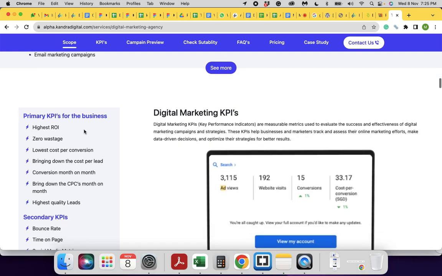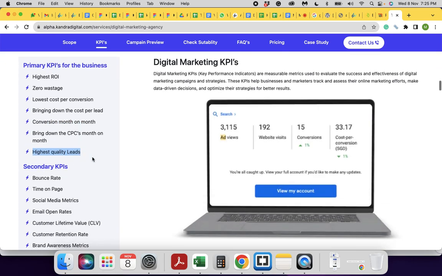So primary KPIs of Google Ads: highest return on the investment, zero wastage, low cost per conversion, bringing down the cost per lead, conversion growth month on month, or more sales, bringing down the CPCs month on month, highest quality leads. This will be the key performance indicators if you are implementing paid promotions or paid marketing for a business.